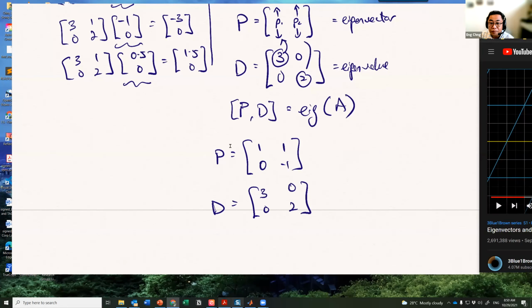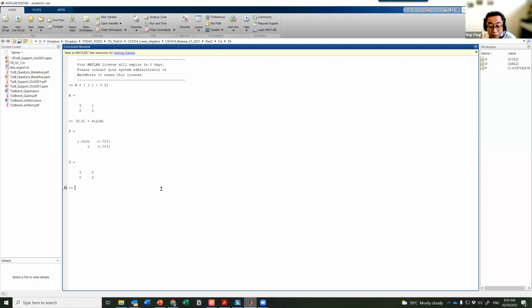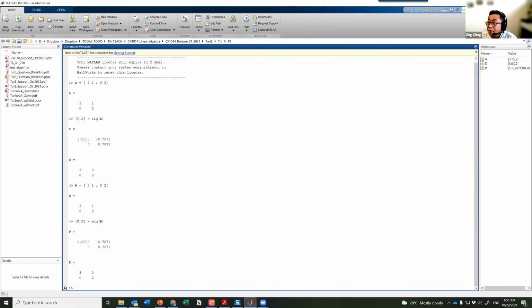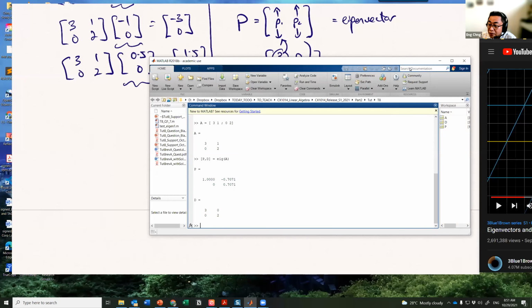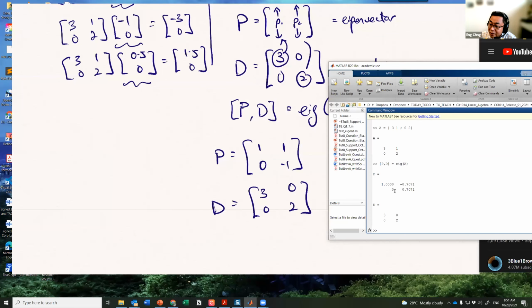All right, I type A is this, and I type this decomposition, and what do I get? P is 1, 0. So the first P, 1, 0, is correct. The second one is not correct, for me anyway. But then you realize that no, actually it's the same. This guy is 1 minus 1.